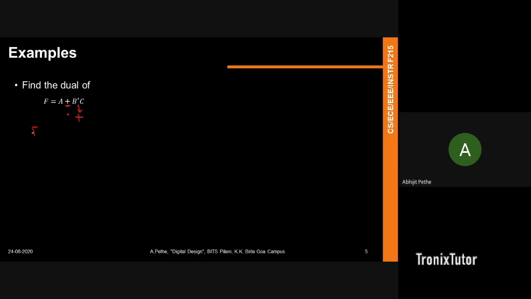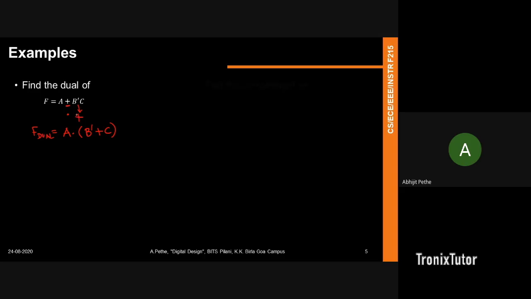So what you get is that the dual function of f is given by a ANDed with b prime or c, right? So this is going to be the dual of the function. So for any function, to get the dual, convert all the OR functions to the AND function, and convert all the AND functions to the OR function, right?